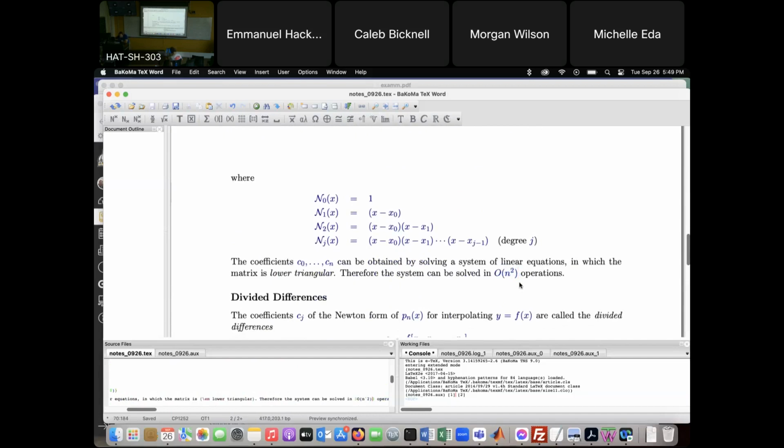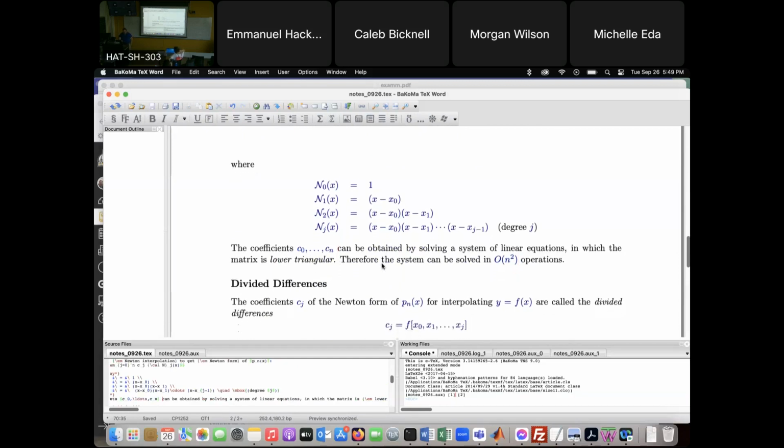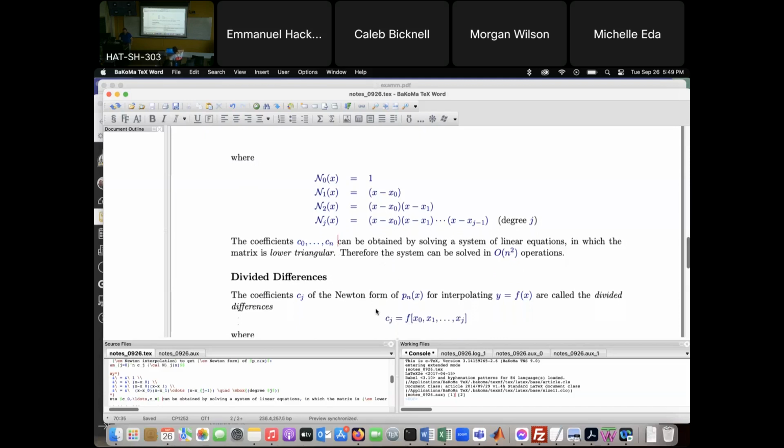So what I'm going to show you is a relatively simple approach for computing all of these coefficients in the Newton form. These coefficients are called divided differences.